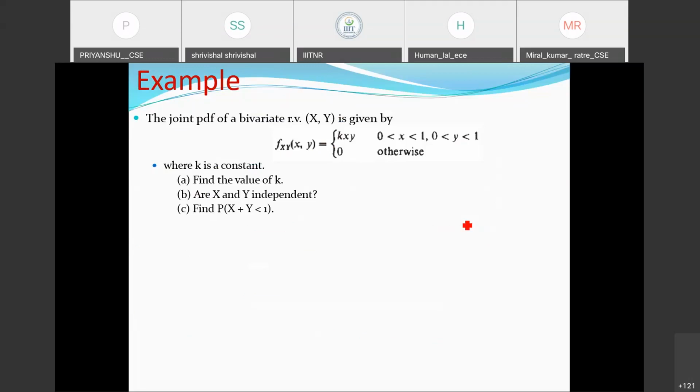Its joint probability density function is given, and you need to find the value of k first. What is the value of k? That's fine. This is coming as 4.